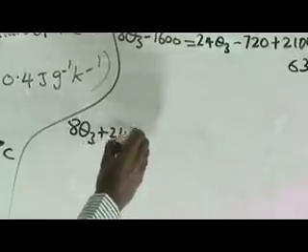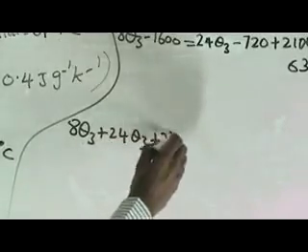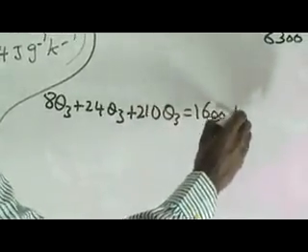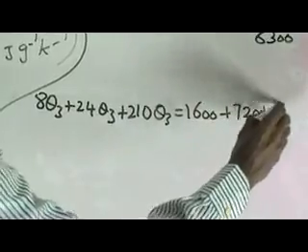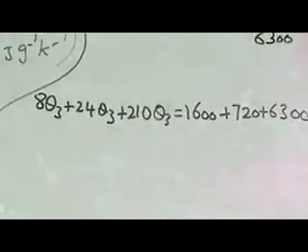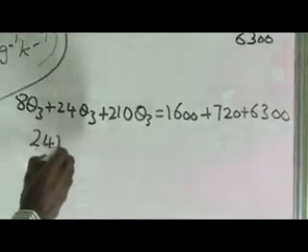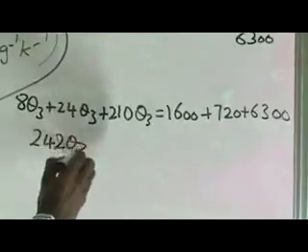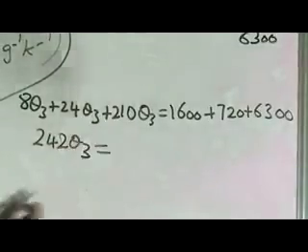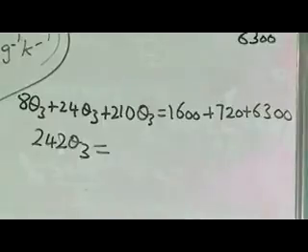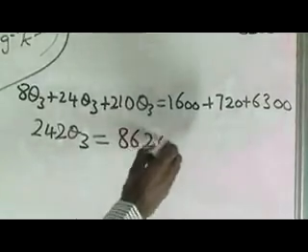So when we collect like terms, we have 8 theta 3 plus 24 theta 3 plus 210 theta 3 equal to 1,600 plus 720 plus 6,300. So we have 8 plus 24 plus 210 to give us 242 theta 3, which is equal to 8,620.